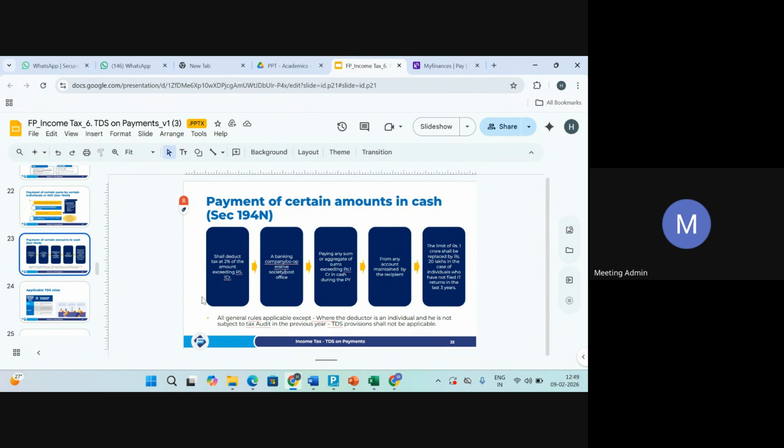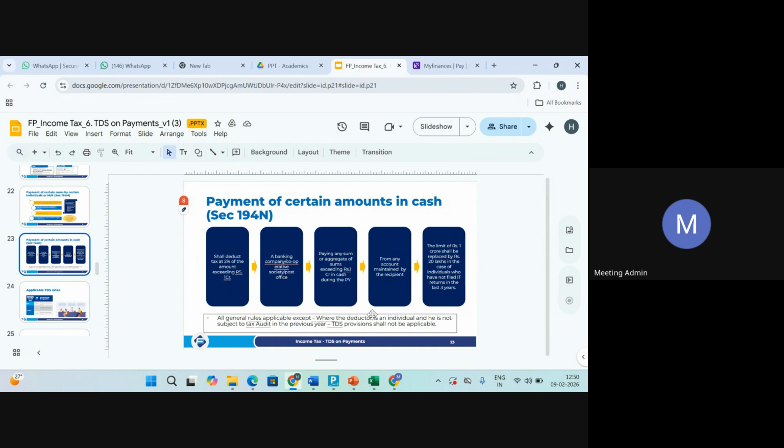Payment of certain amounts in cash, section 194N: tax shall be deducted at 2% on the amount that exceeds rupees 1 crore. If it exceeds 1 crore, you have to pay 2 percent. The criteria apply to a banking company, a cooperative society, or a post office.